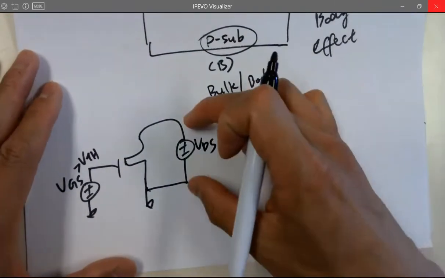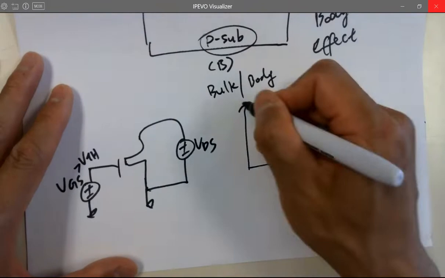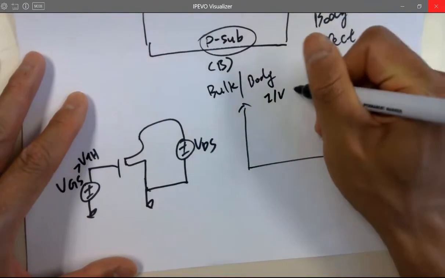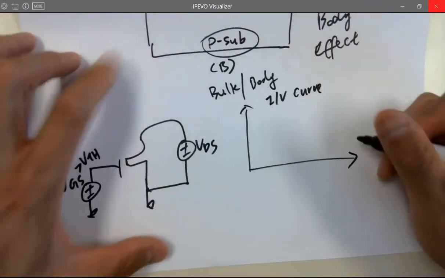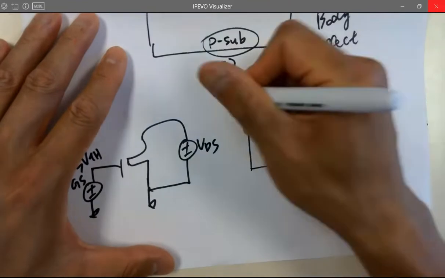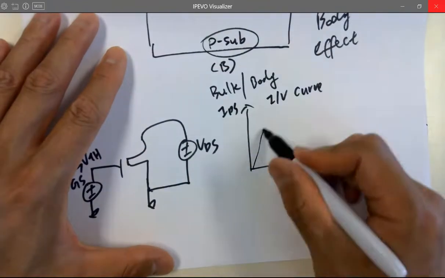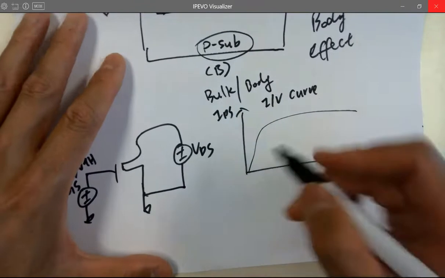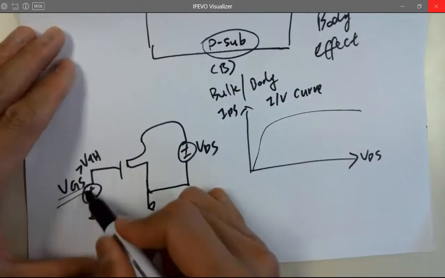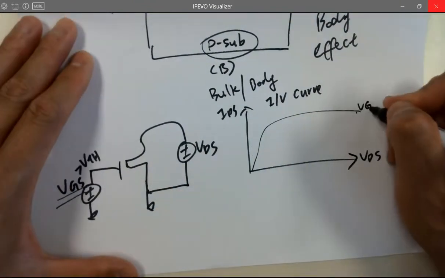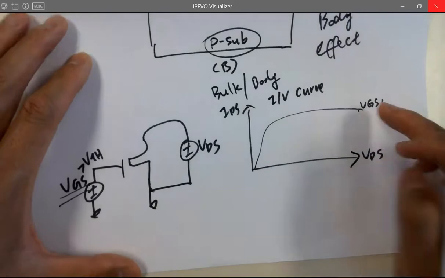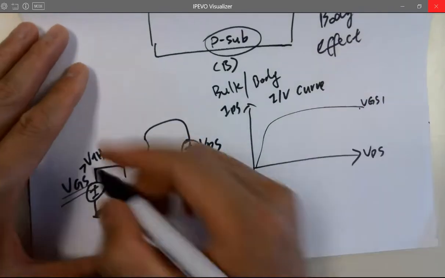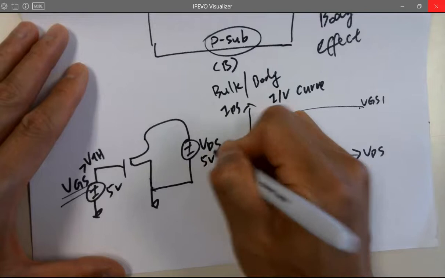Okay, if you plot the IV curve for VDS and IDS, it looks like this. And if you change VGS, because this is based on one VGS, you are not changing that VGS. It's one specific VGS. For example, 5 volts, all right?